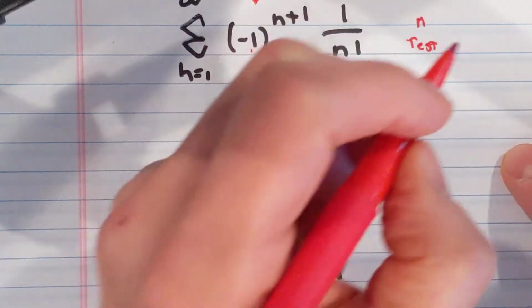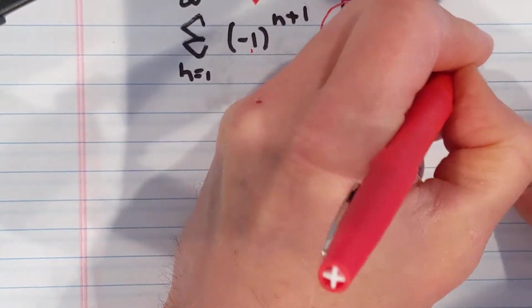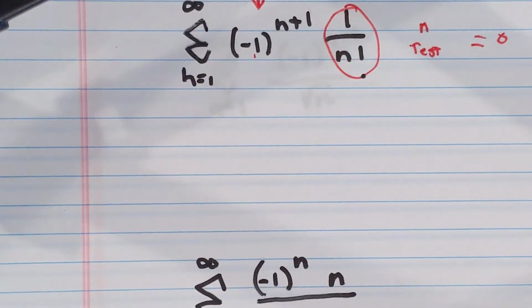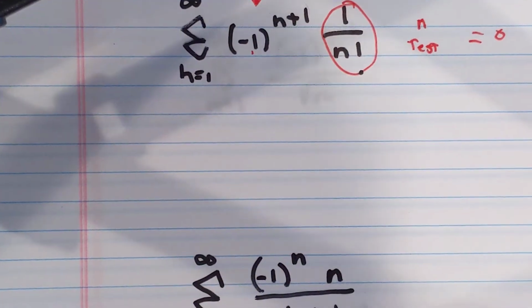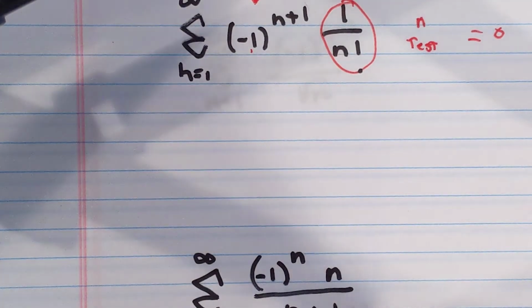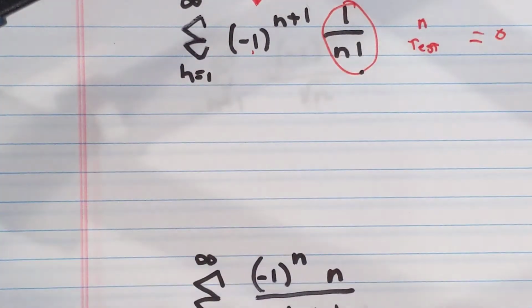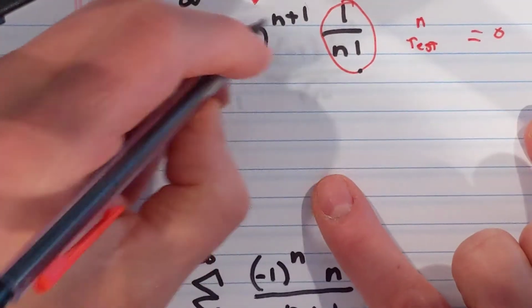Normally, if I take the nth test of this puppy right here, I'm going to get 0. Normally that would conclude that I don't have a conclusion. The only thing nth test can do is verify that in fact it diverges if it doesn't equal 0. But when we're doing an alternating series, I need this to equal 0.